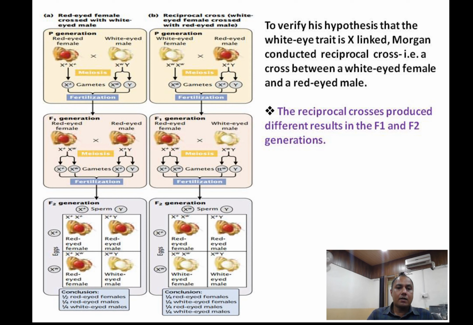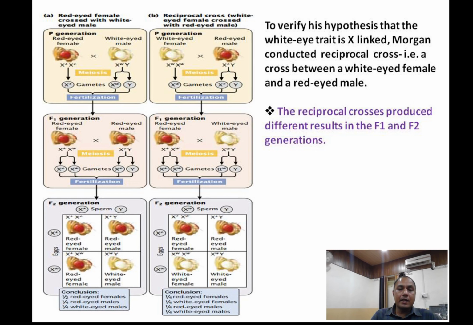He then produced the F2 generation, in which 50% of males were white-eyed and 50% red-eyed, while all the females were red-eyed.